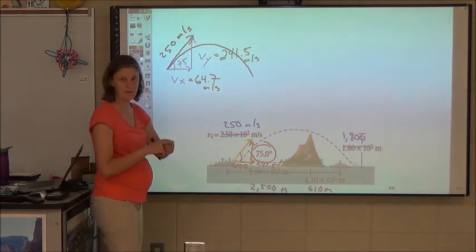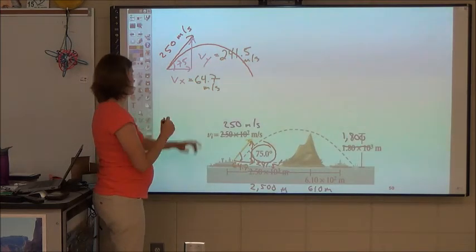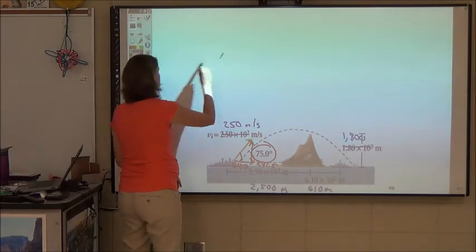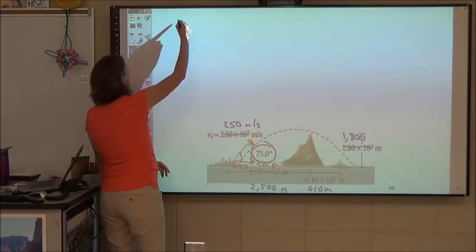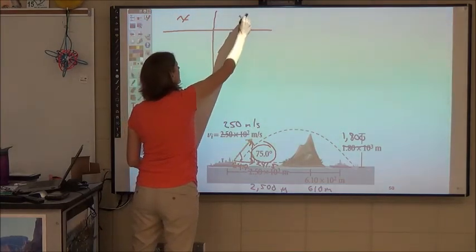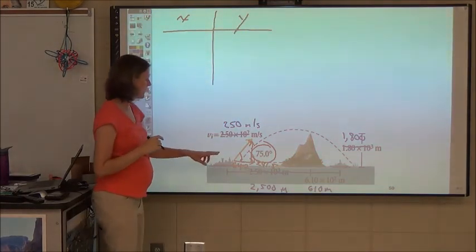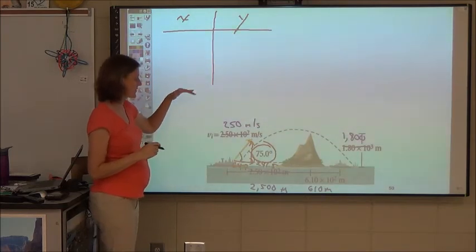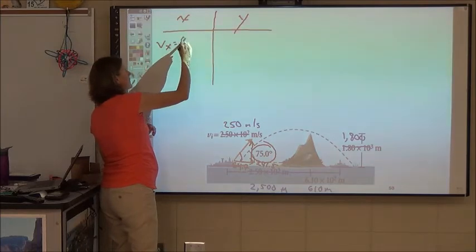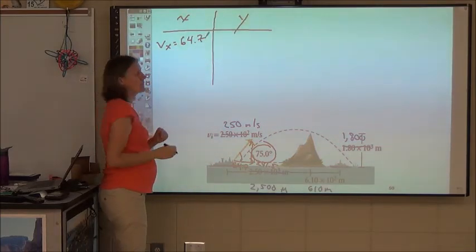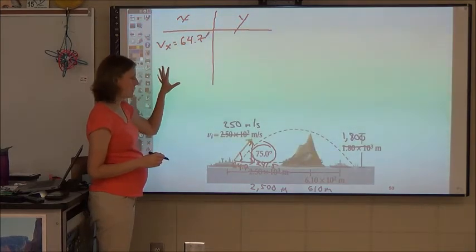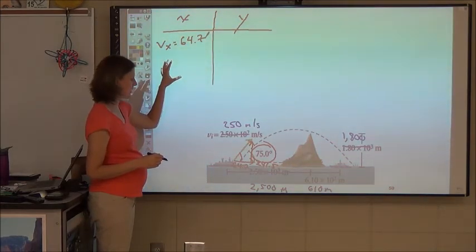I hope you guys got plenty of room on your paper, but I'm going to use this room for my knowns. Okay, so that x component I just erased was 64.7 meters per second. And that is, at the moment, all I know in the x direction.